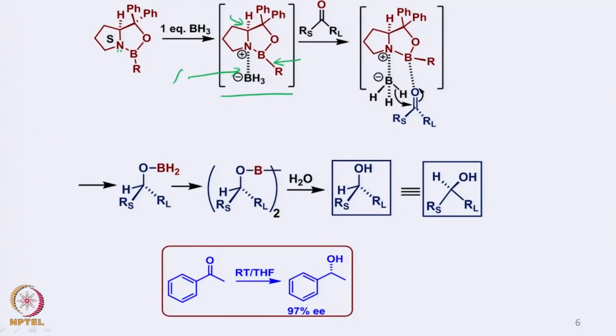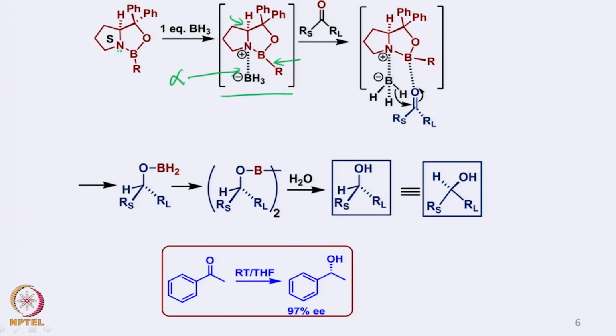It is going to be pointing up and the hydrogen is pointing below. So basically the bowl is like this. Since the hydrogen is pointing down and the major part of the bowl is pointing up, the nitrogen attaches to the borane from the alpha side, that means the lower side, from the same side as the hydrogen is.